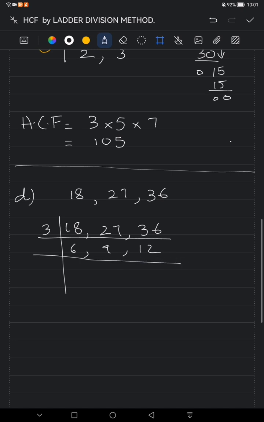Again for 6, 9 and 12, the smallest common possible prime factor is 3. 3 twos are 6, 3 threes are 9 and 3 fours are 12. Now 2, 3 and 4, they do not have any common prime factor. So our ladder division method is finished over here. We are going to find the HCF by multiplying the common factors listed on the left side of the ladder. That is 3 into 3, that is 9.